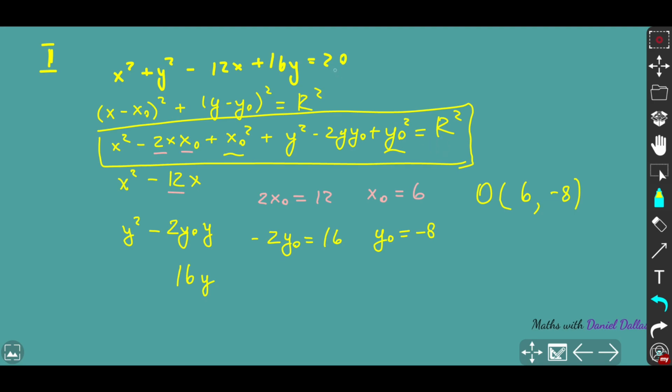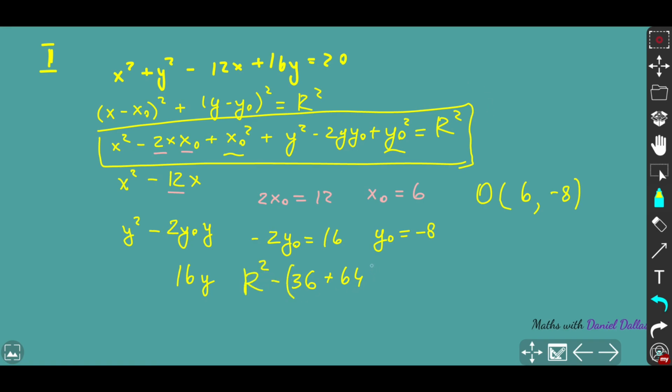Let's just plug in here. Instead of x0 squared is 36. That's x0 squared. Next, y0 squared is negative 8 squared, is 64. So add 64. And on the right side, that's going to be r squared. But if we transfer x0 squared and y0 squared to the right side, we'll get the following expression: r squared minus everything here is going to be the same as the free coefficient 20.